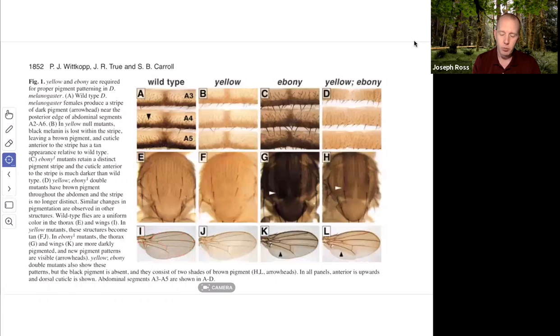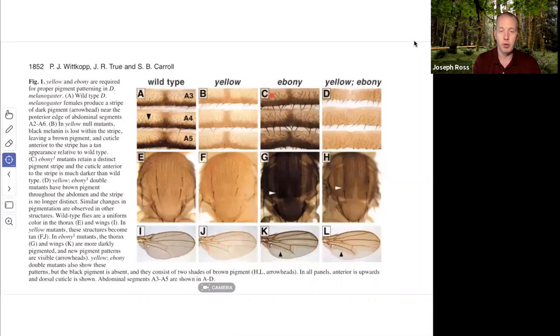And that's more evident when you look at the yellow mutant. Remember, the yellow mutant is mutant in the yellow gene, which normally produces melanin, the black pigment. So when the yellow protein is absent, then that dark pigment that's normally produced isn't made, and so the wing looks a little bit yellower. It's not as dark. Likewise, when the ebony gene is mutated, the wing becomes darker.